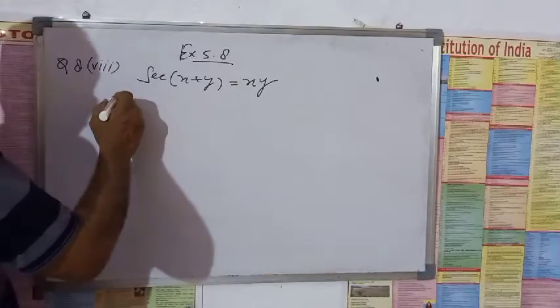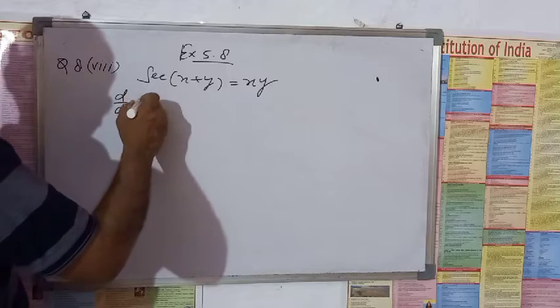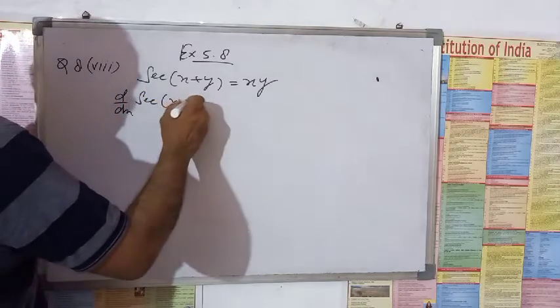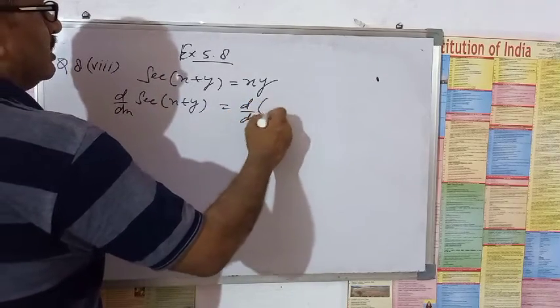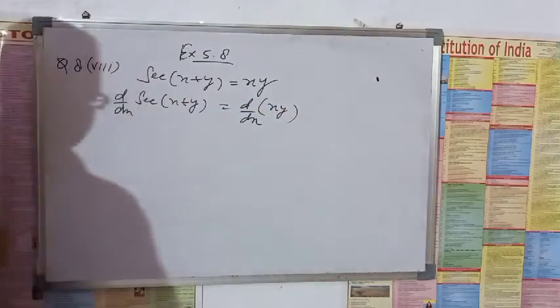Differentiating with respect to x, d by dx of sec(x plus y) is equal to d by dx of xy.